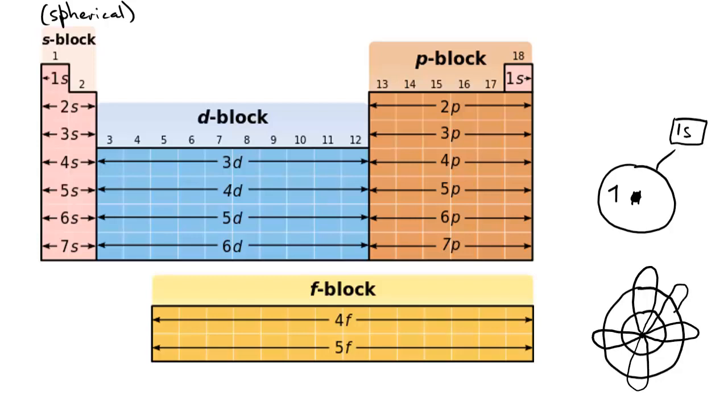It's actually a 3-dimensional thing, and this is a bit hard to draw, but that's the 2p orbital, sorry, subshell. Interestingly enough, it's important to understand that electrons won't just get filled in random order.